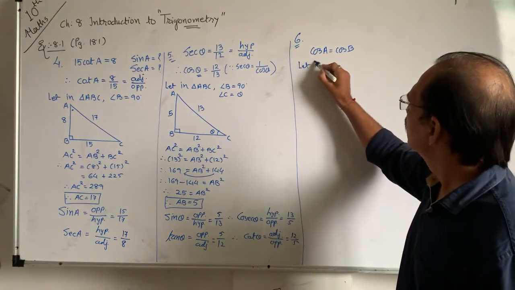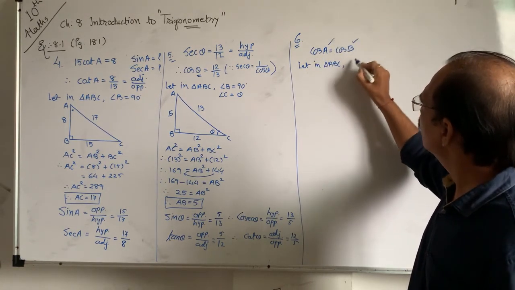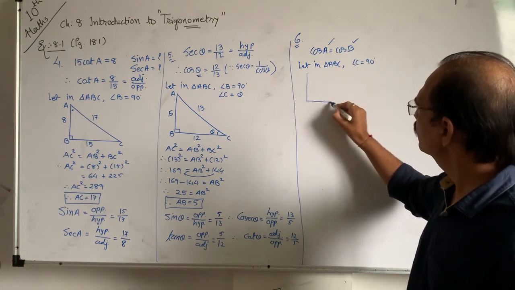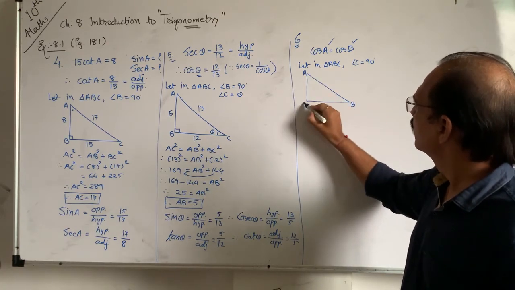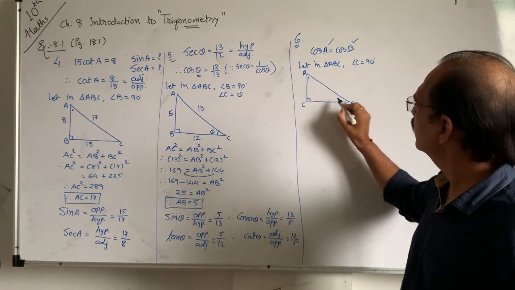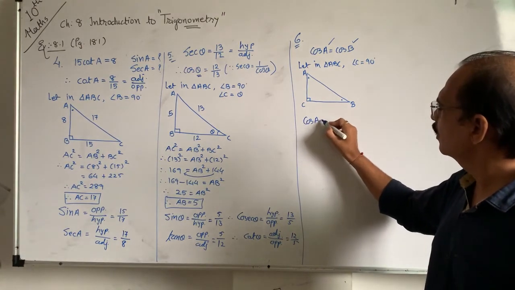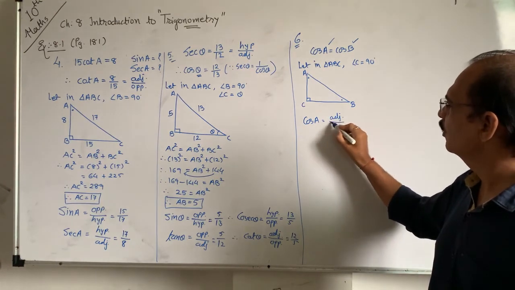Like in triangle ABC, angle A and angle B are acute angles, so we take angle C as 90. What is the formula of cos? Cos is adjacent upon hypotenuse.